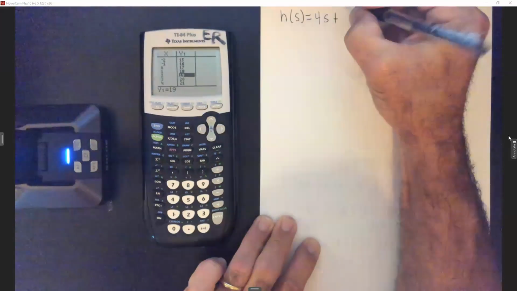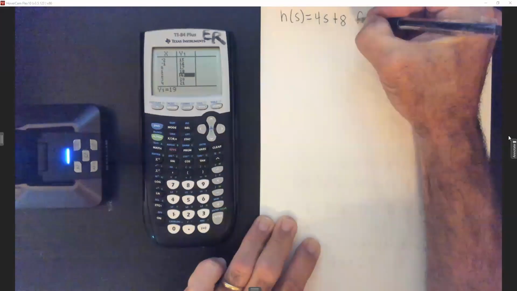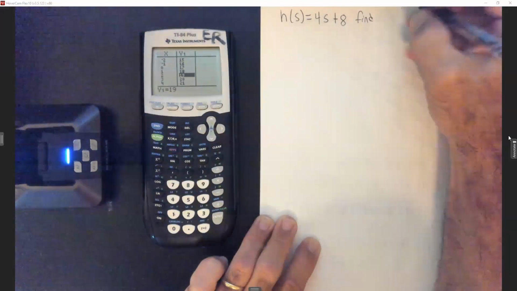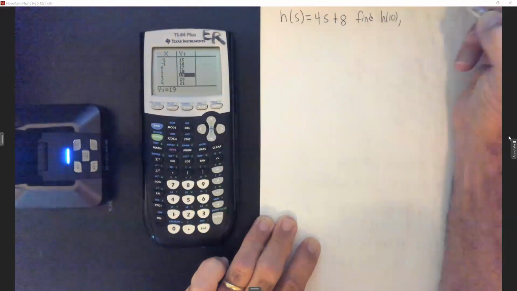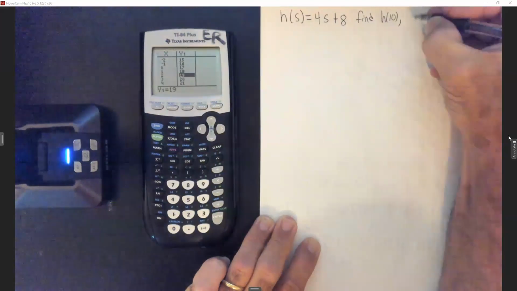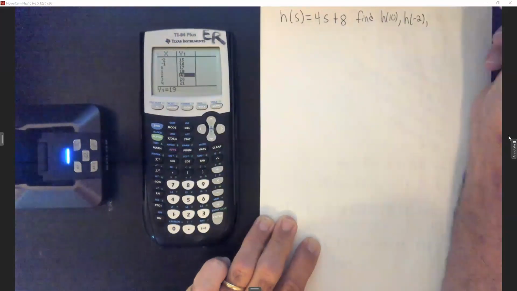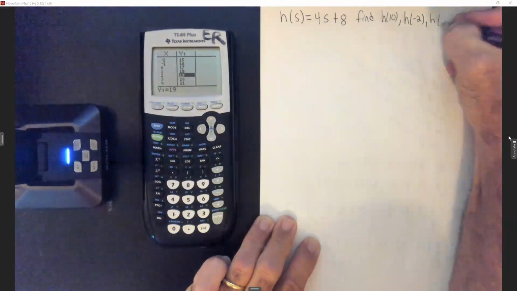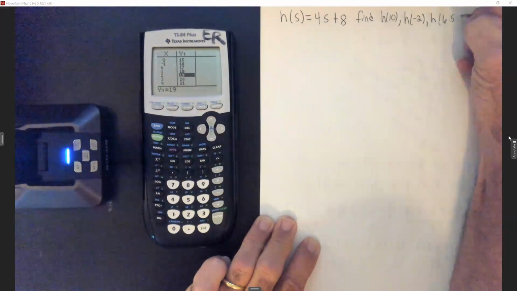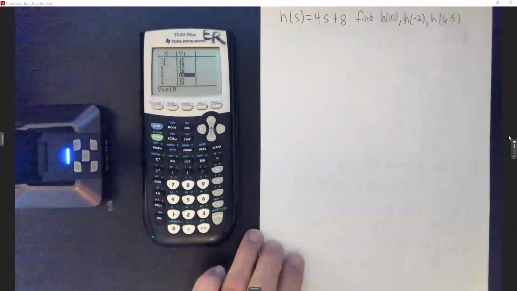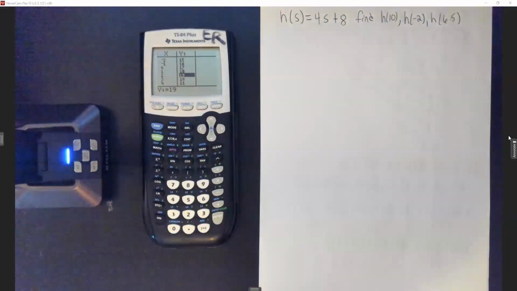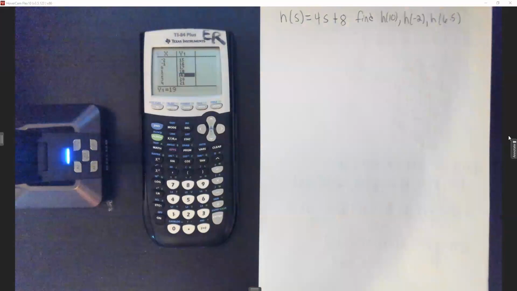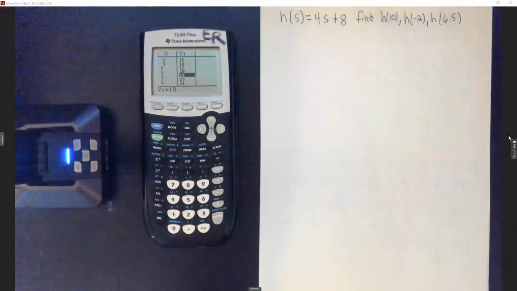We're going to find h of 10, h of -2, and h of 6.5. So they're going to keep you honest with a decimal once in a while or a fraction. So it looks like we got 3 problems here.